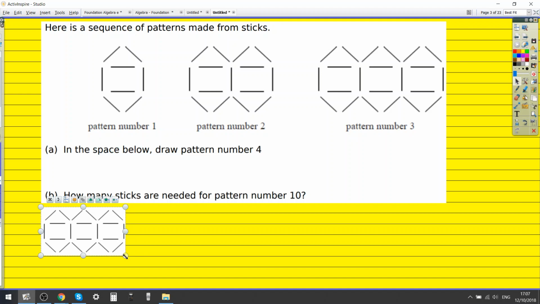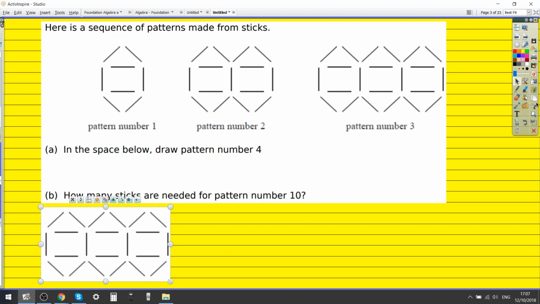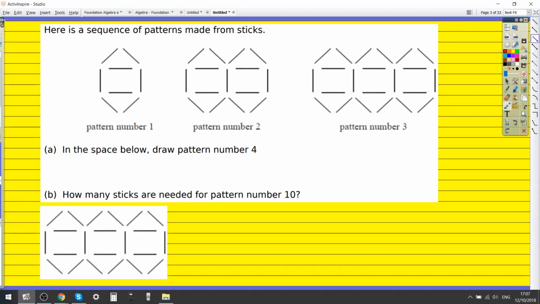Okay. So from the middle line, you see how there's triangles at the top of the first, second, and third one. You do that again with the 4th. So you draw a little one like that, and then one going down. Then a line going across. Then a line just below that going across.